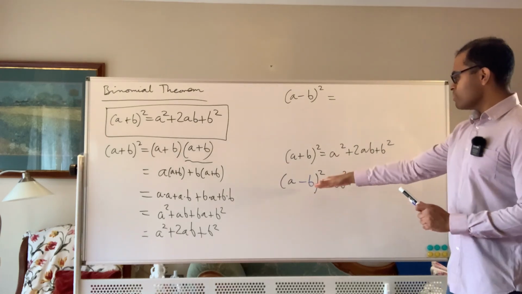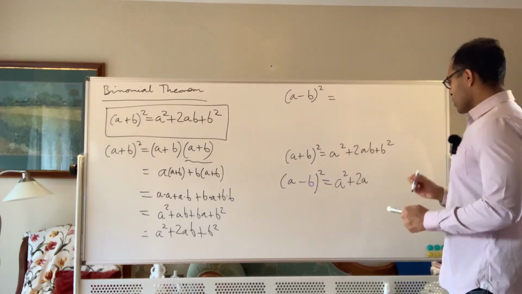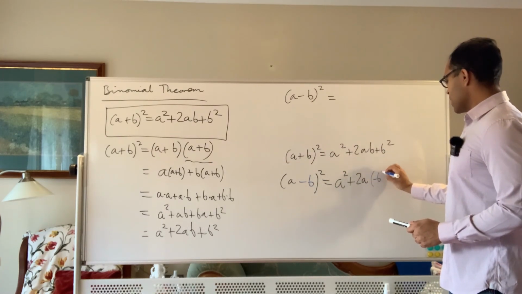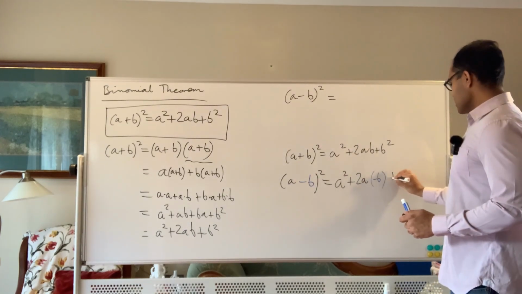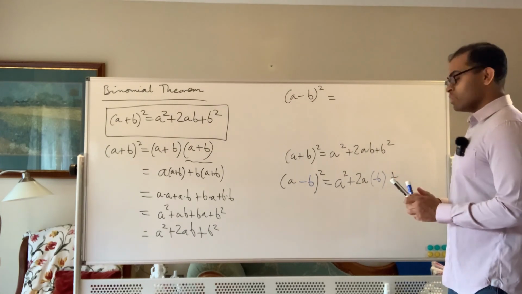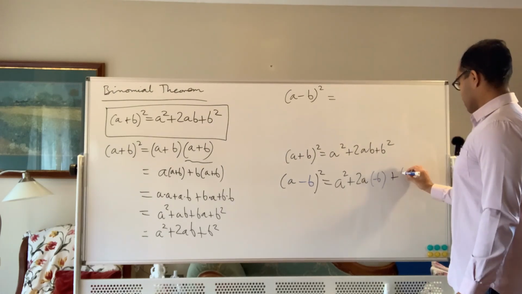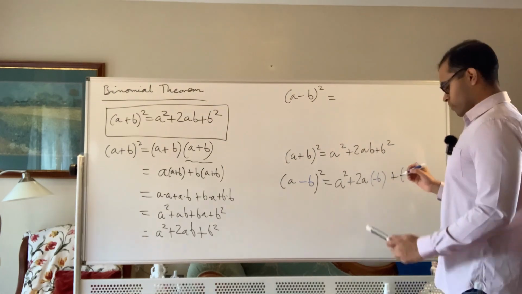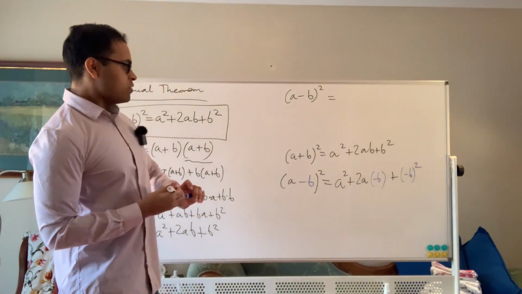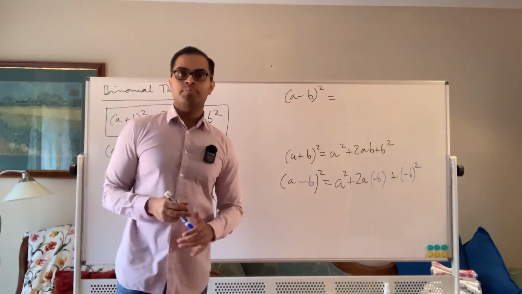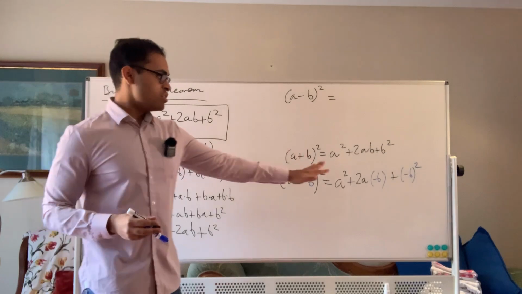So if we replace b by minus b on the left hand side, we also have to replace b by minus b on the right hand side, and we get 2a times minus b. And then we get plus, and we replace b by minus b. So now that's the formula. We've literally just replaced b by minus b everywhere. That's what we should get.